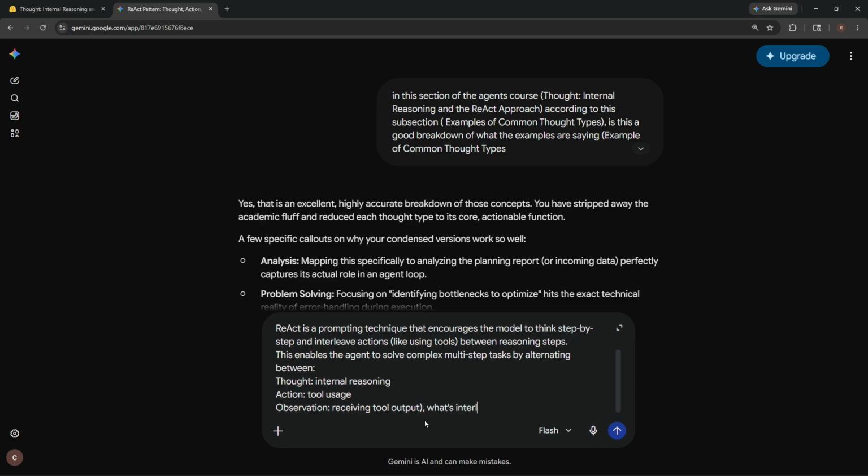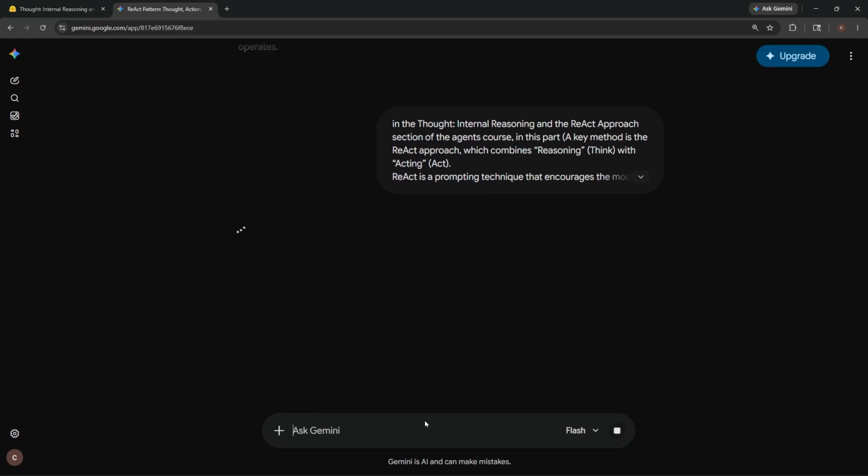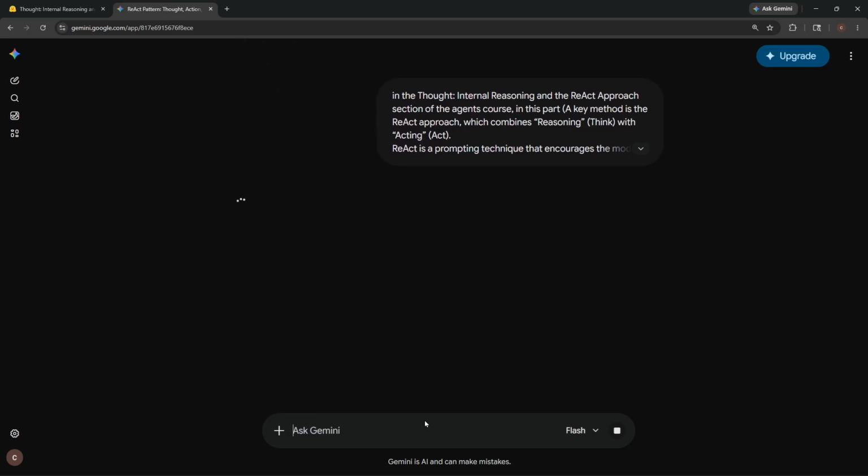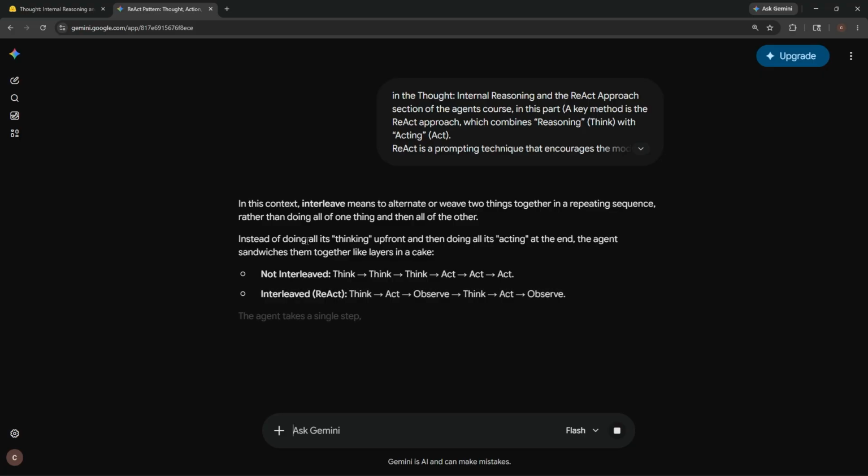What's interleave mean? Because I've never heard that word in my life, actually. In this context, interleave means to alternate or weave two things together in a repeating sequence. Oh, leaf like leaf?